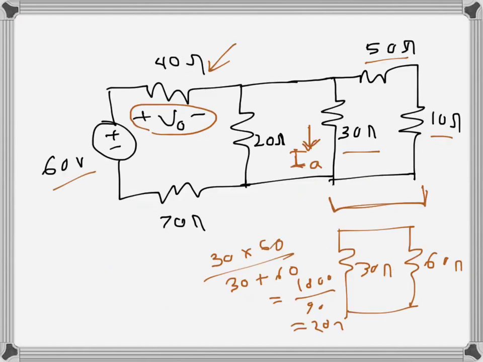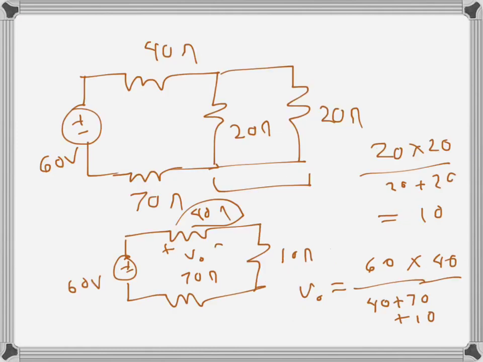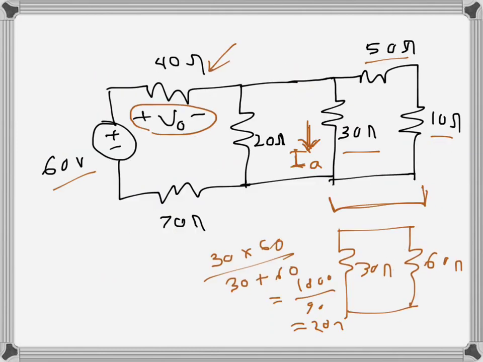The other thing we need to find is the current through this resistance. So we have to go back to the original circuit now, at least not quite the original circuit right away. Let's do this circuit first, because I will try to apply the current divider rule. First I want to find the current through this branch, which will be divided between this branch and this branch.